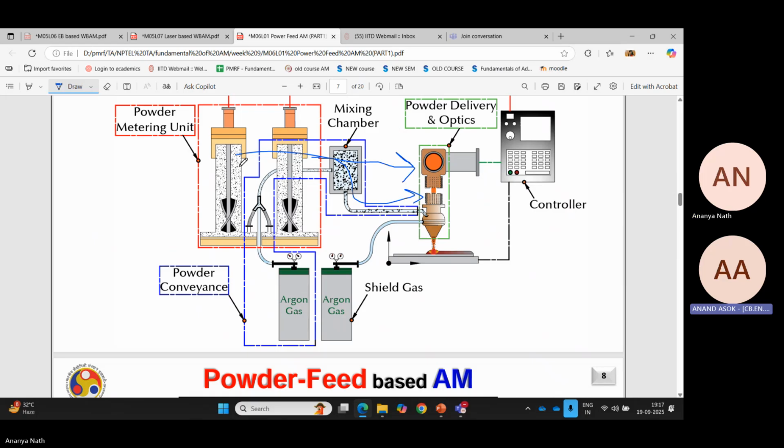And as argon gas is carrying, we also use a separate argon gas for shielding to minimize oxidation, to protect the melt pool from oxidation and foreign particle entrapment. This carrier argon gas will also have some separate parameters such as the flow rate of the carrier gas.